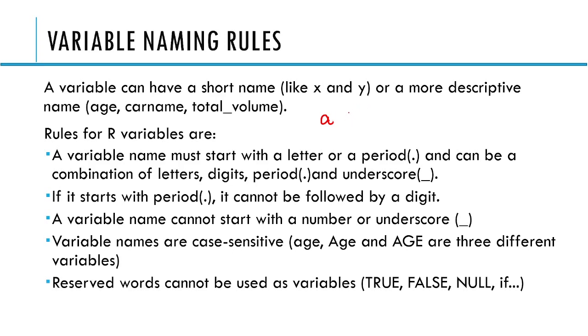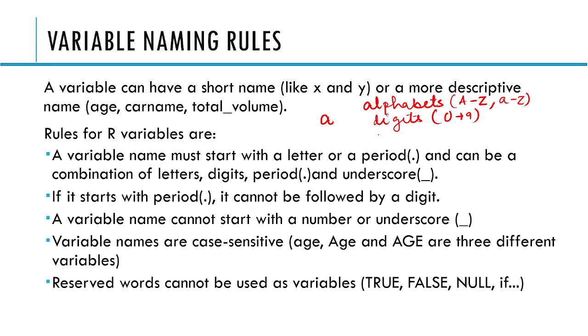Okay. So what thing can you include? You can include alphabets, capital A to Z or small a to z, whatever. Anything will do. You can have digits in a variable name, that means 0 to 9.